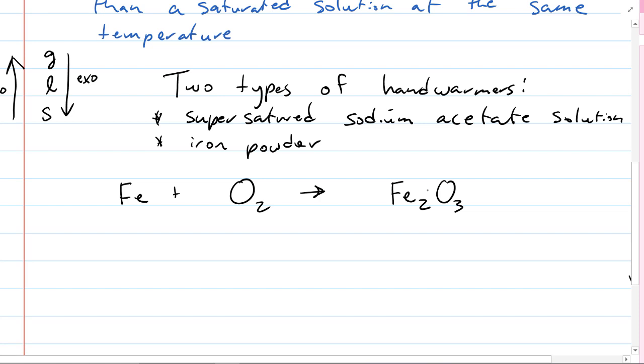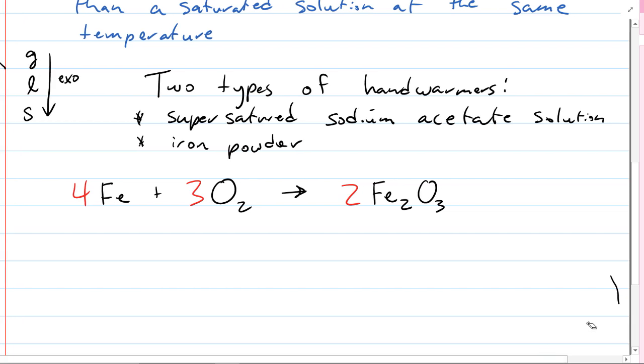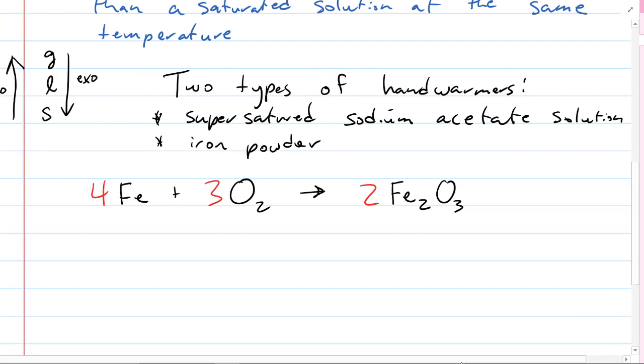So we have Fe2O3, and then if we were to balance this particular equation, we have a 3 here, a 2 here, which means we need a 4 in front of the Fe. Now, again, this is iron 3 oxide, and you and I also know iron 3 oxide is something else. Think about this now. You see it all the time. Any idea what iron 3 oxide is?